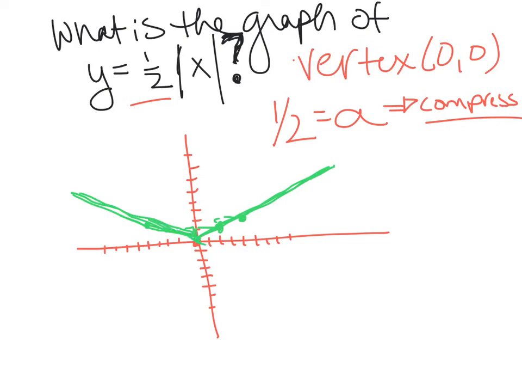There's one ugly line. So you can see that a vertical compression is almost like the rate of the lines increasing is decreased. So it's going to take longer for it to reach the same y values as it did on the parent function.